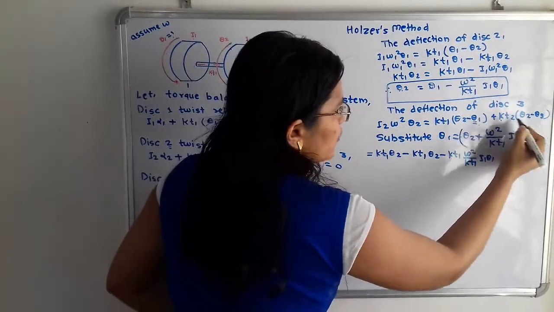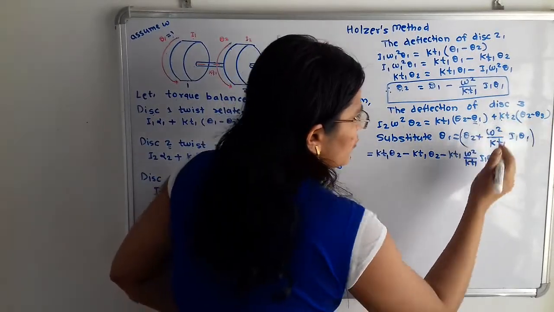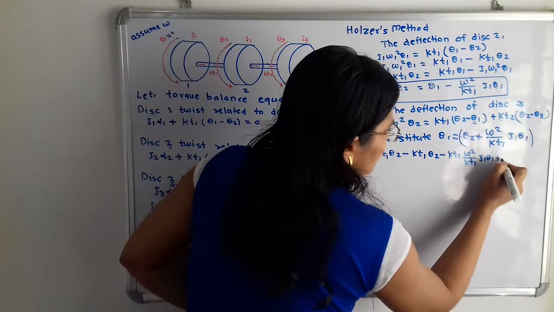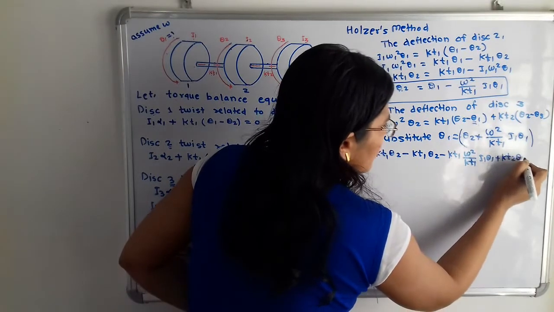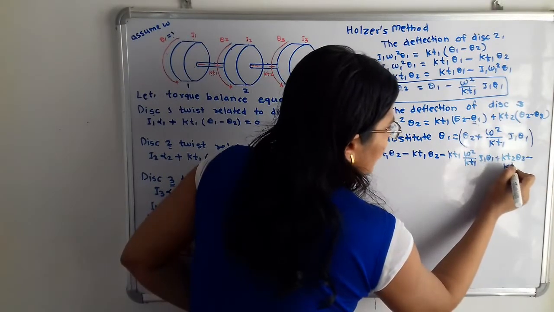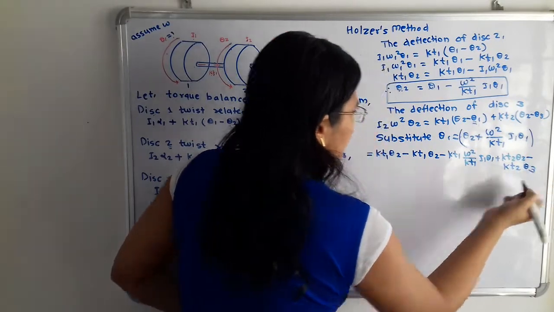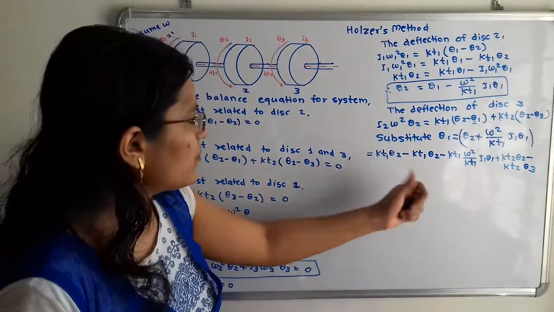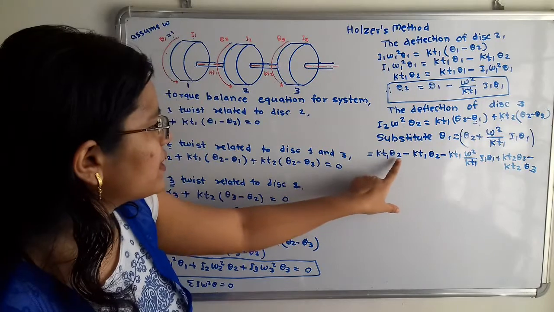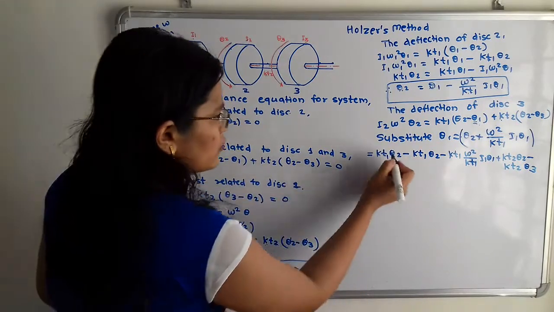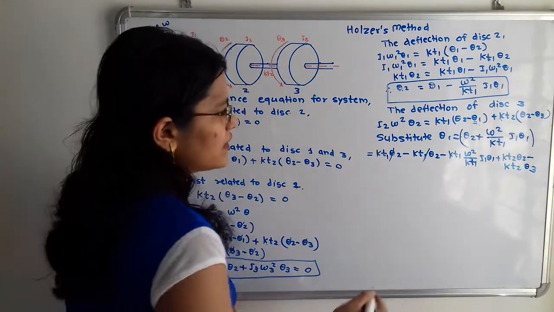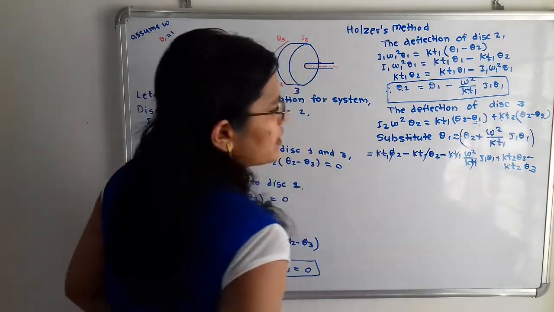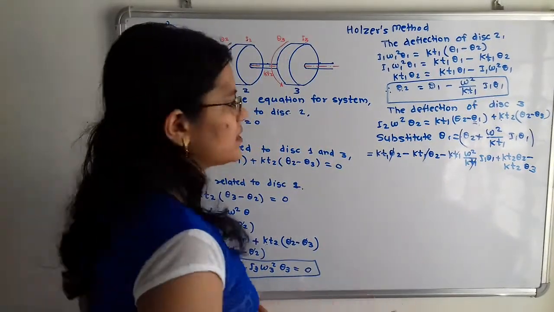Now we have to proceed again as it is, that is kt2 theta 2. Here is the plus sign, so plus kt2 theta 2 minus kt2 theta 3. So if we observe, this kt1 theta 2 minus kt1 theta 2 will get cancelled. This kt1 and this kt1 are also getting cancelled. So what is the simplified form?